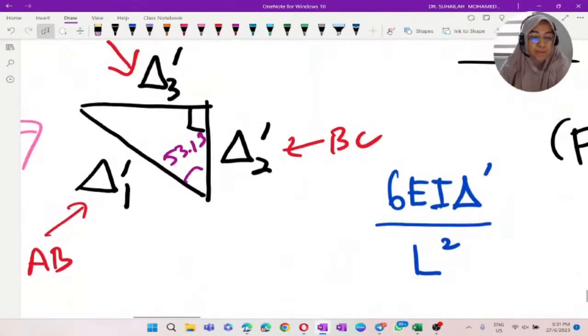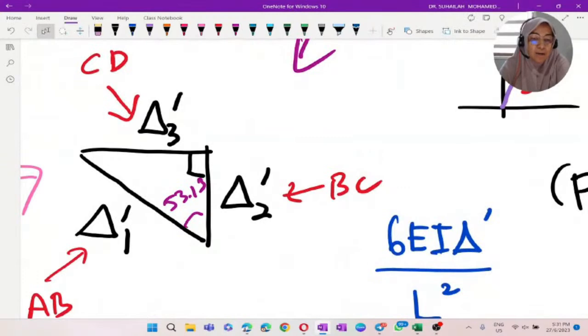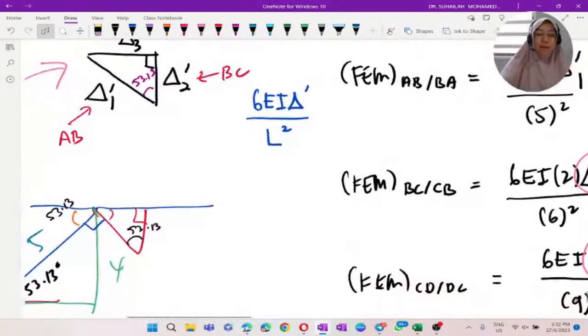If you want to substitute delta 1 prime into FEMBC, we have to have the relationship between delta 1 and delta 2. It is just the cosine, and for delta 3 and delta 1 it is sine.